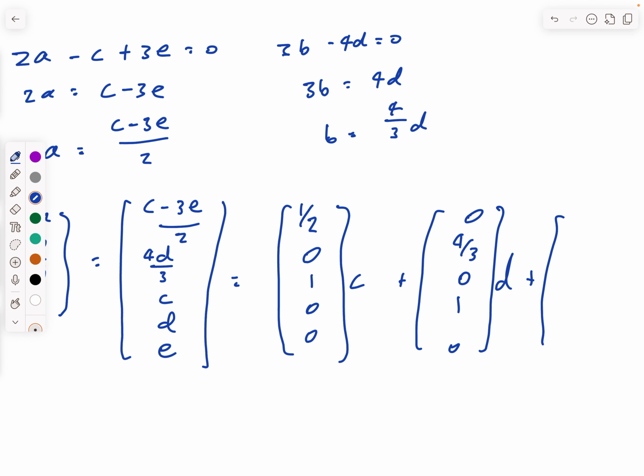And then the e, which is -3 over 2, nothing, nothing, nothing, 1.